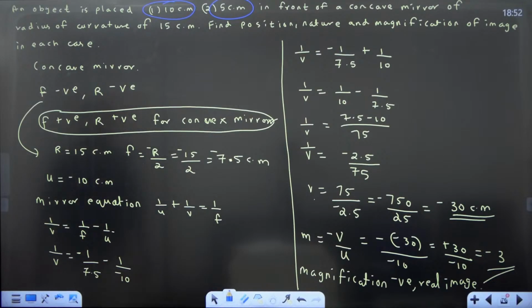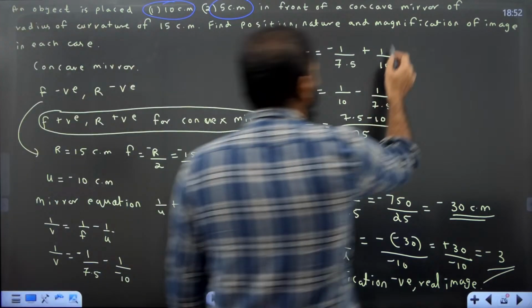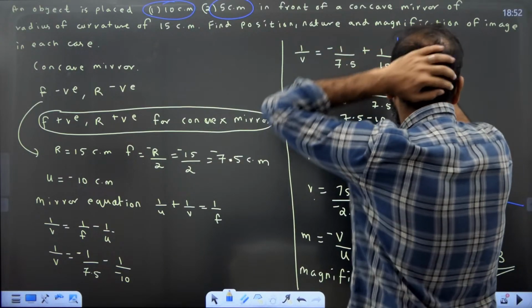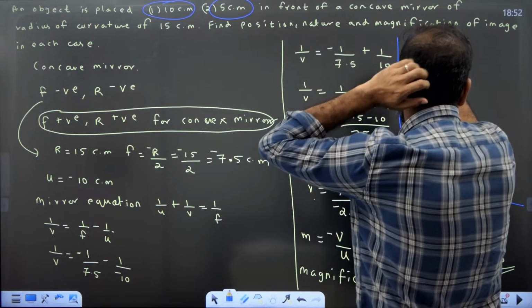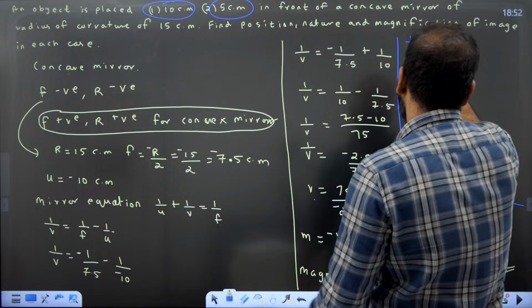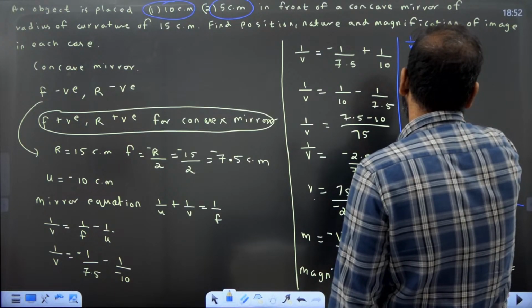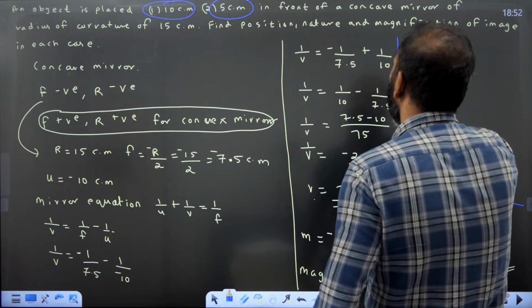Next case, same procedure only. 1 by v is equal to 1 by f minus 1 by u. The focal length remains the same.